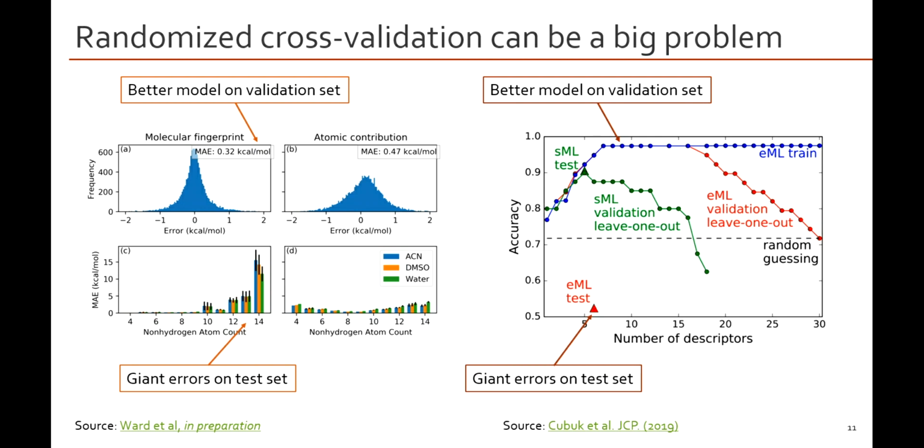There's also a really fascinating paper out of Stanford where they showed that two different machine learning models, despite one performing better on a leave one out cross-validation test, ended up performing much worse, in fact worse than random guessing, on a test set that was pulled from a different population of data.